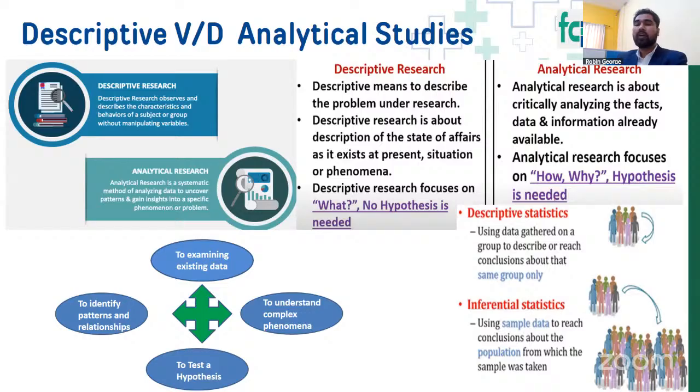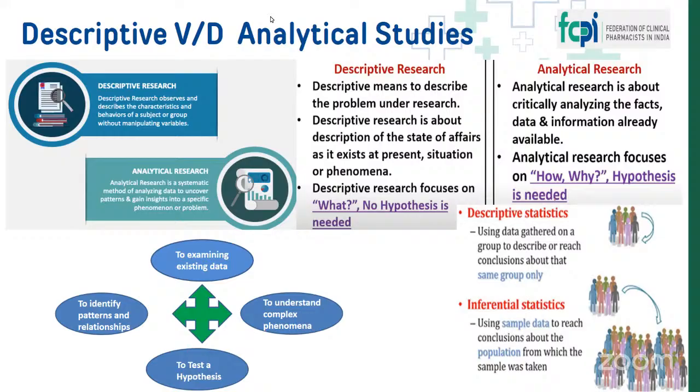Descriptive studies will just describe the data, whereas analytical studies will find why the data come like this, what is the relationship between this data, and how I can analyze this data. So analyze and come to an inference, analyzing the data and coming to a conclusion. That is analytical research, whereas descriptive research just describes what our finding is.